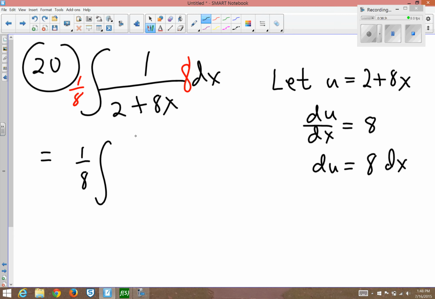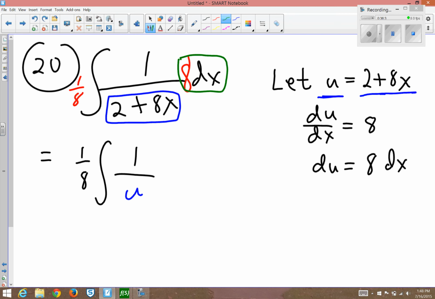That equals 1/8. Bring that down. Integral 1 over. What does 2 plus 8x equal? The answer to that is right here. What does all this in the green box equal? The answer to that is right here. And this is an integral I know.